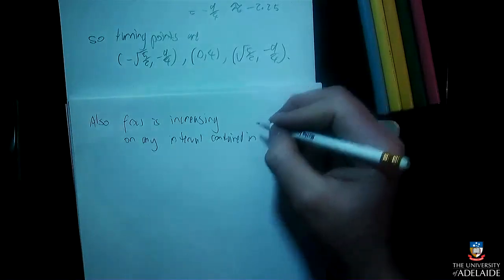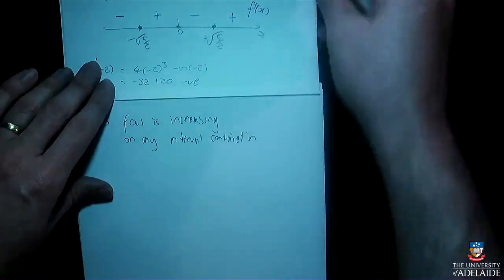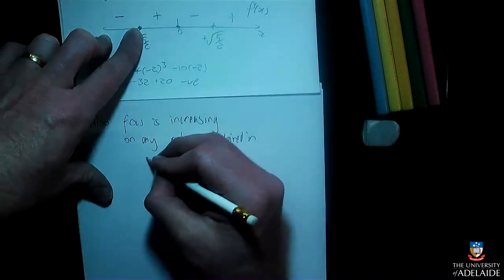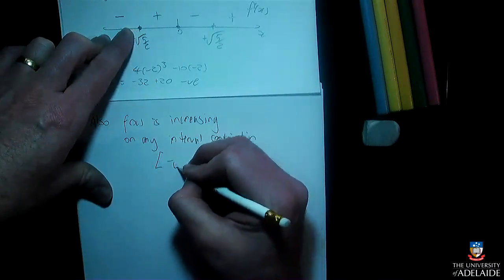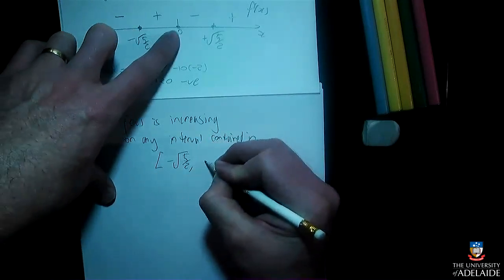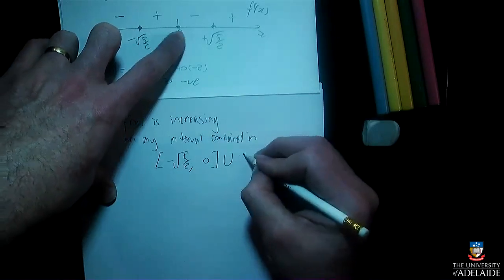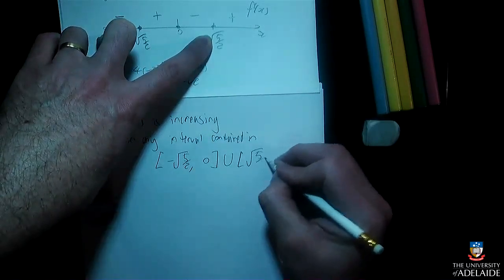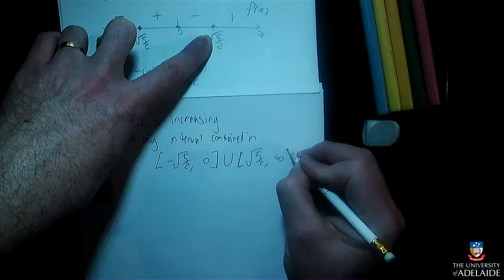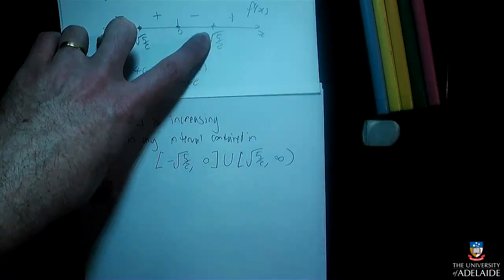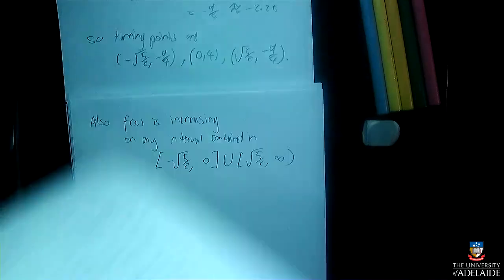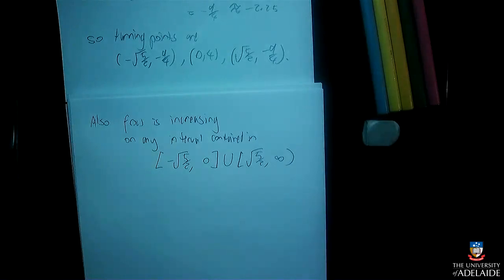So I can do a set that contains all of the places where it's increasing. So let's see. It's decreasing there. So everything from minus root 5 on 2 up to 0, and anything from root 5 on 2 to infinity. But I don't put a square bracket on infinity because you can't actually be equal to infinity.